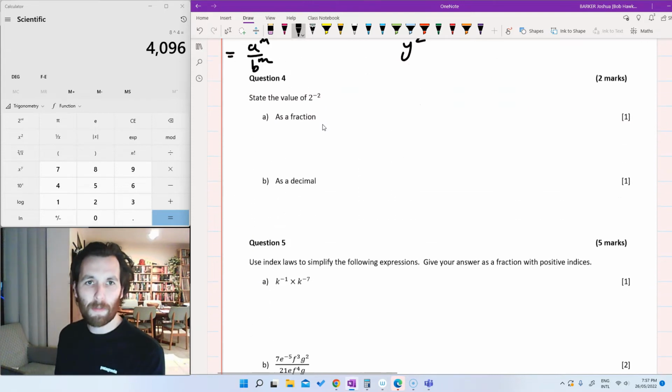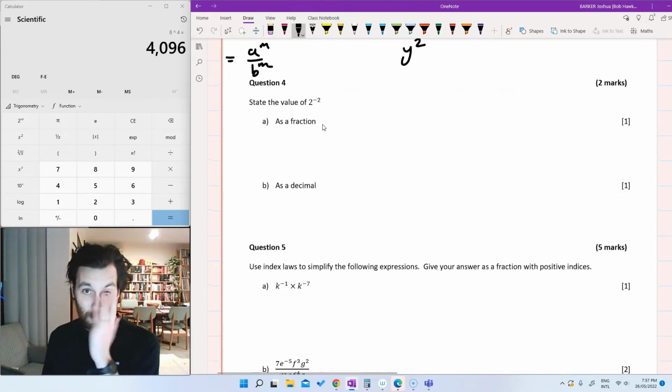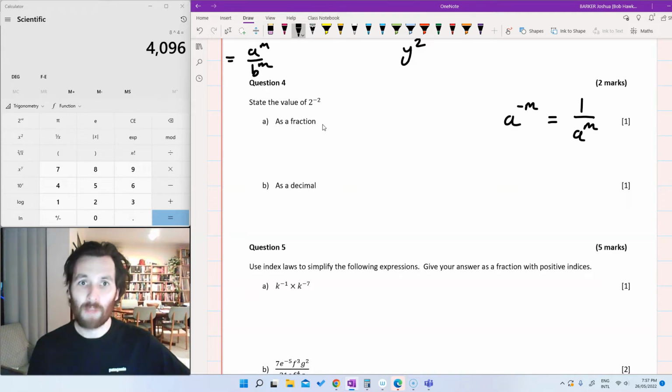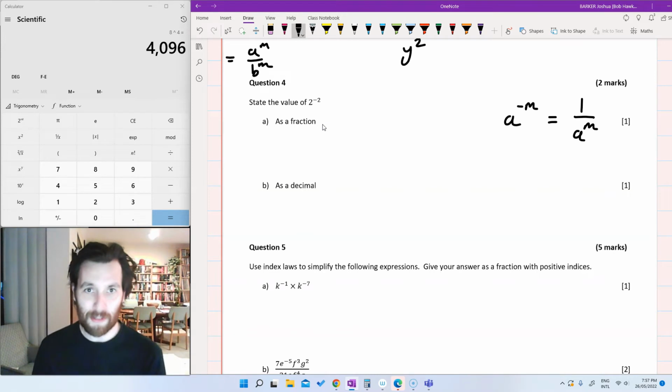Okay, question number 4. State the value of 2 to the power negative 2. So we're going to recall what we learned in question 2 and say anything raised to a negative power, we'll write that as 1 over the same base raised to a positive power. So I'm going to start by rewriting this as a fraction with positive indices.